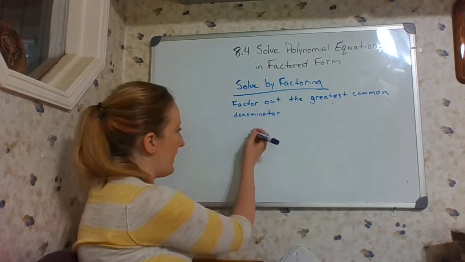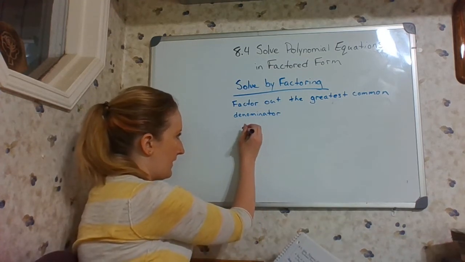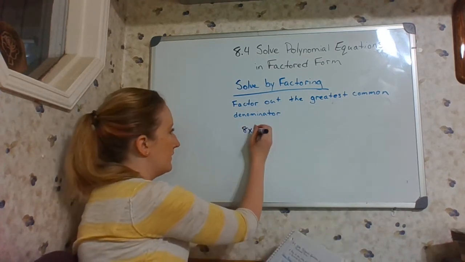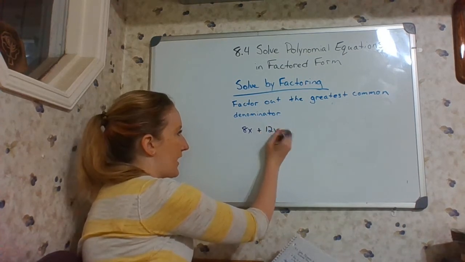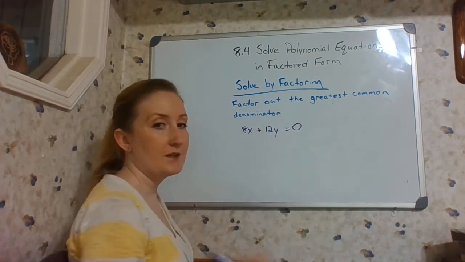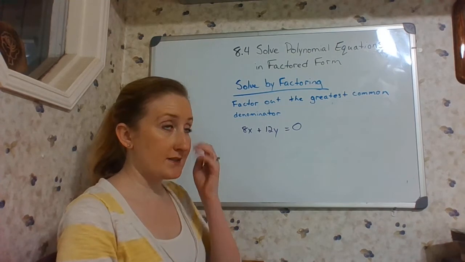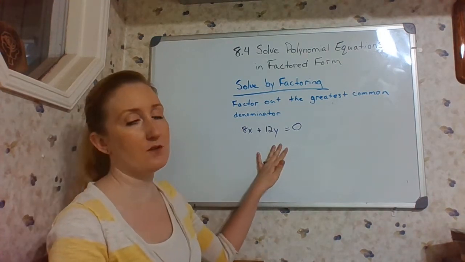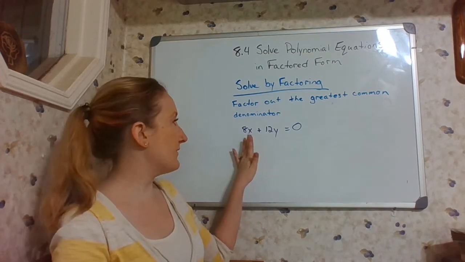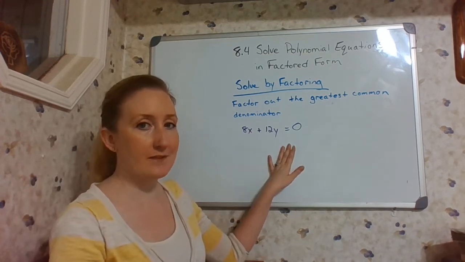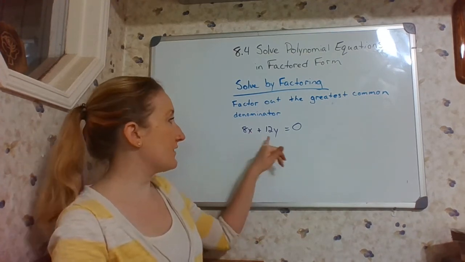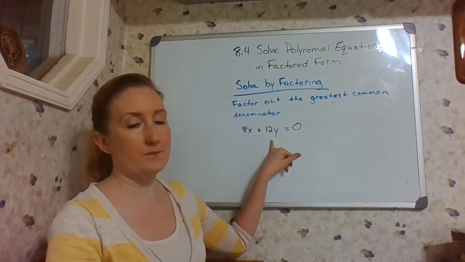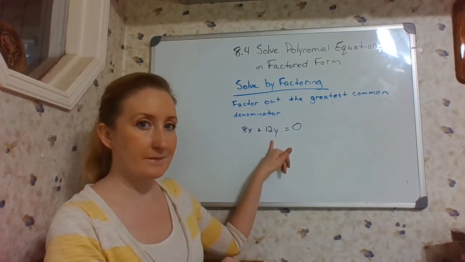So if I have 8x plus 12y equals 0, what we're looking for is the biggest term that we can divide 8x and 12y by. They don't have any variables in common, so we can't pull out a variable. But 8 and 12 are both divisible by 4, which means that we can pull out a 4.